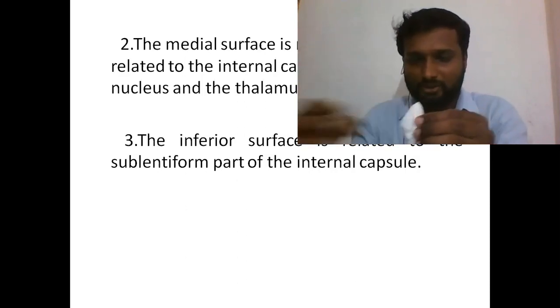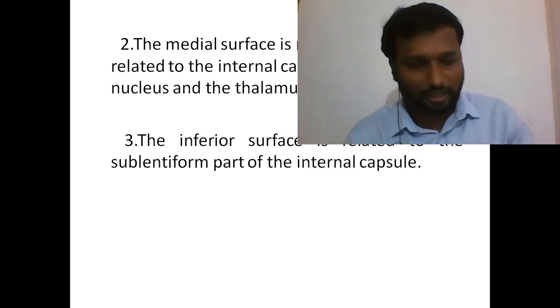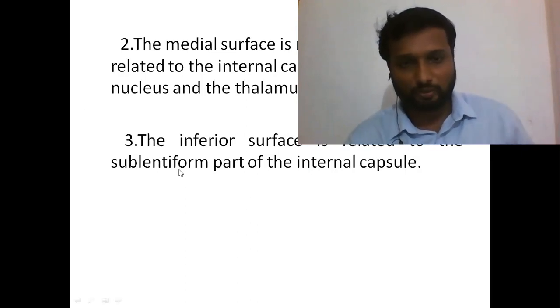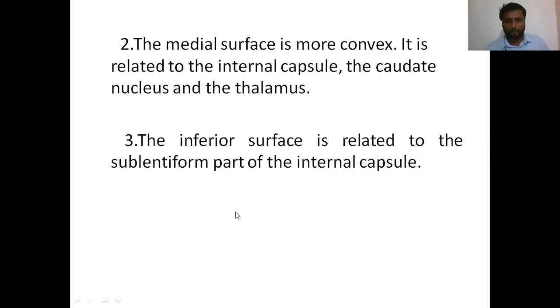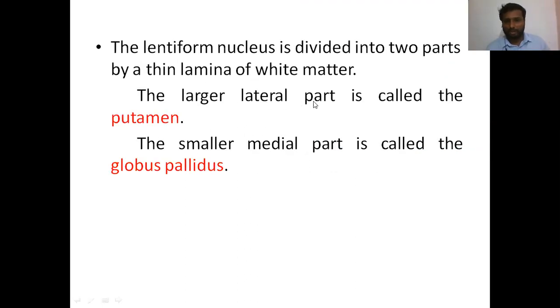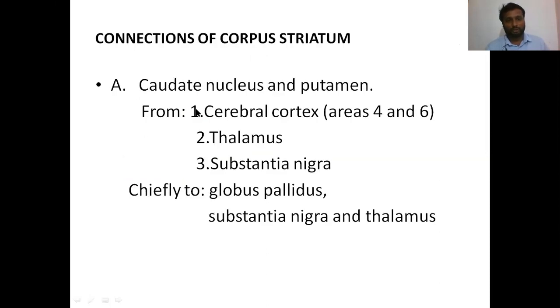The large lateral piece is known as the putamen, and the medial part is known as the globus pallidus. So the lateral part is the putamen, and the medial part is the globus pallidus. These are some of the details of the lentiform nucleus.